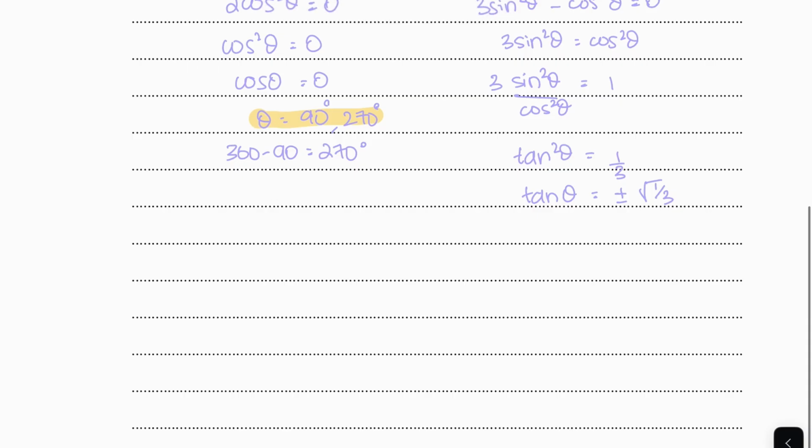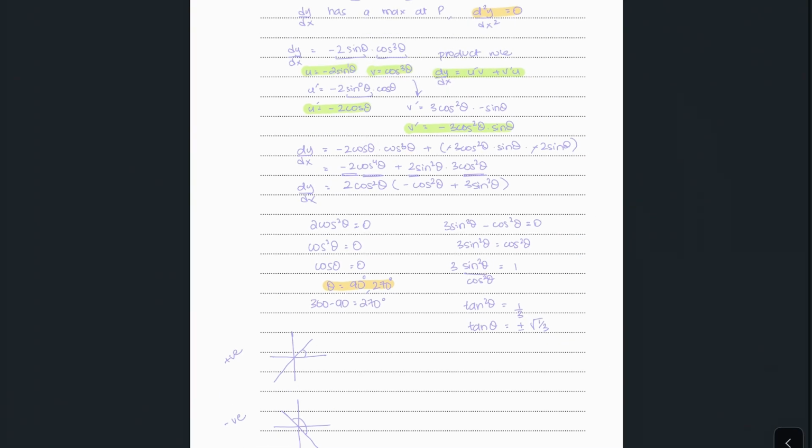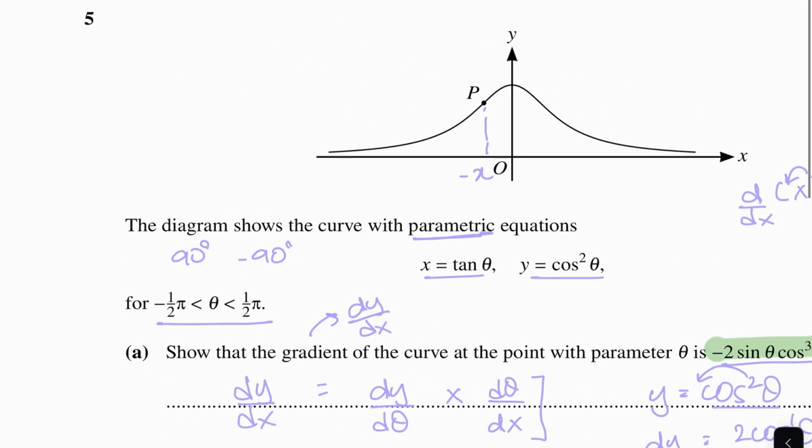Now we know that tan is positive in the first and third quadrant when it is positive, and tan is positive in the second and fourth quadrant if it is negative. But our question is from 90 degrees to minus 90 degrees.